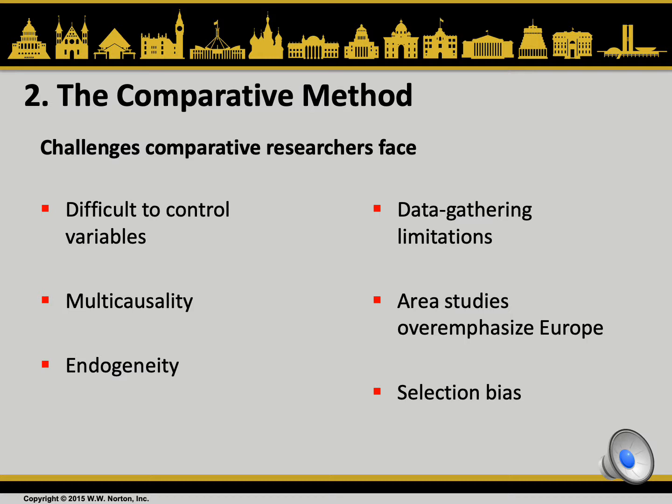So there's difficulty in not only the number of variables, but controlling them within an analysis. Multi-causality is associated with that, variables that are impacting and changing cause and effect. Endogeneity is a challenge where we're not really sure if the cause is actually the effect and vice versa. Data gathering limitations, you can imagine the challenge within social science, political science, of just gathering data.